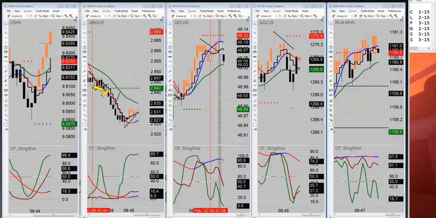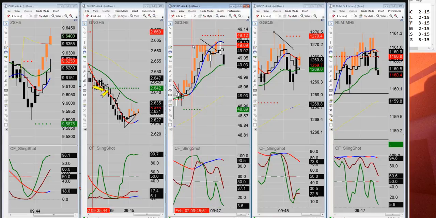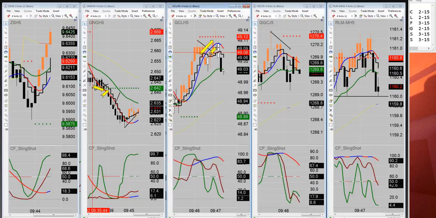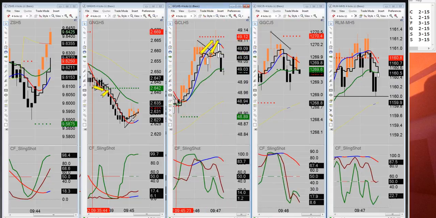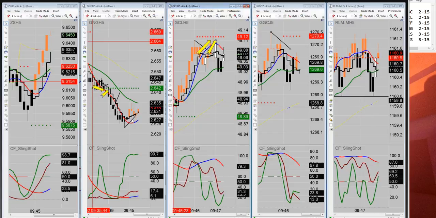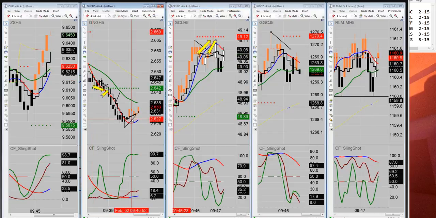That's why I had to throw my stop at break even so fast. With a momentum trade, it was because it closed on the other side of the MA1. As soon as you get profit in it, you got to put your stop at break even and take your risk off.